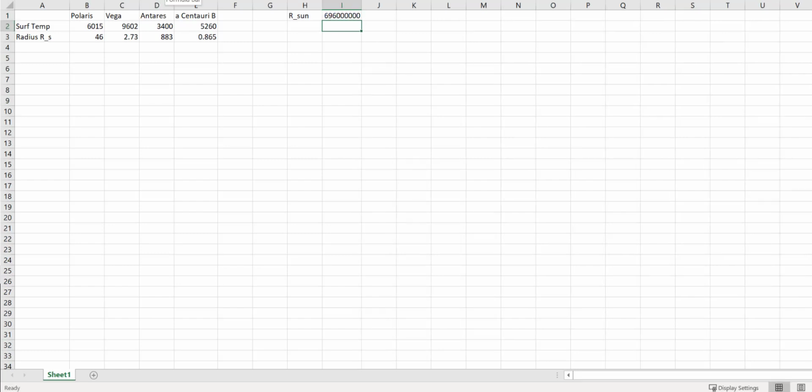This is in meters. So that's about 700,000 kilometers for the Sun's radius.